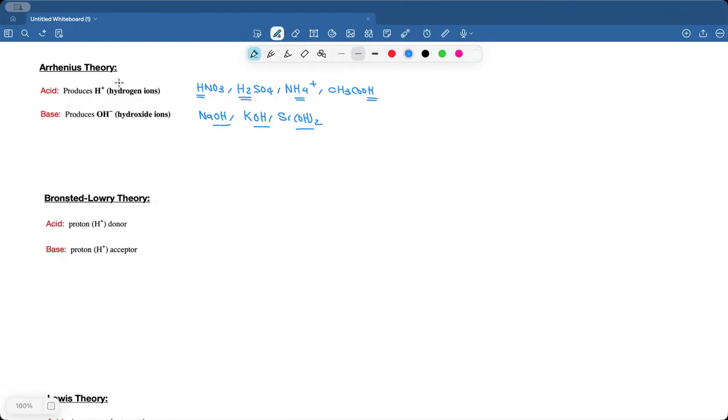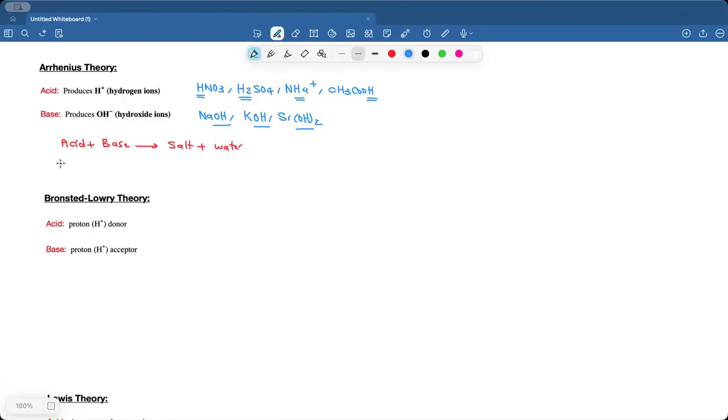This definition works the way you remember from the 6 types of reactions. One of those types was acid-base neutralization, in which acid plus base gives us salt and water. That's exactly based on the Arrhenius definition.